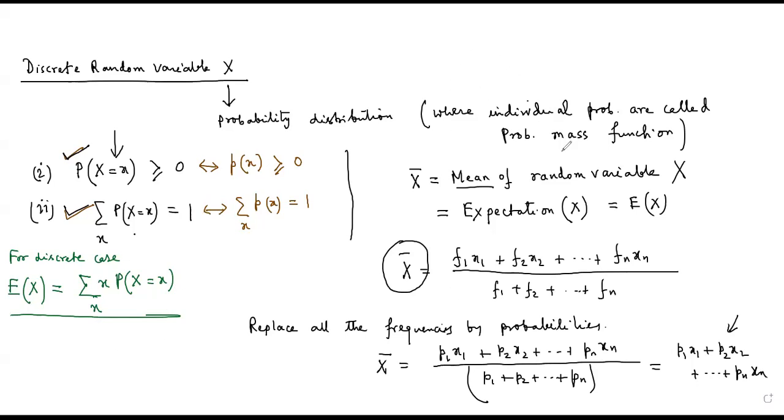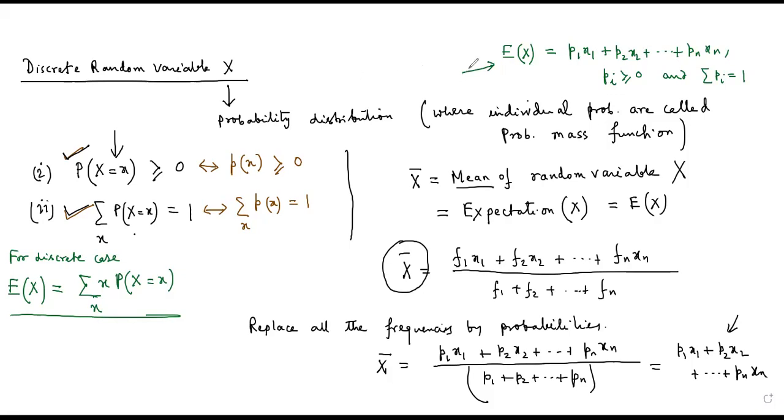Now remember that this EX, if I write it explicitly for a finite number of terms, is P1 x1 plus P2 x2 plus dot dot dot plus Pn xn, and it is associated with two more properties. One property is that each Pi is greater than or equal to 0, and summation Pi is equal to 1. Such a thing, if it happens, is said in the following way.